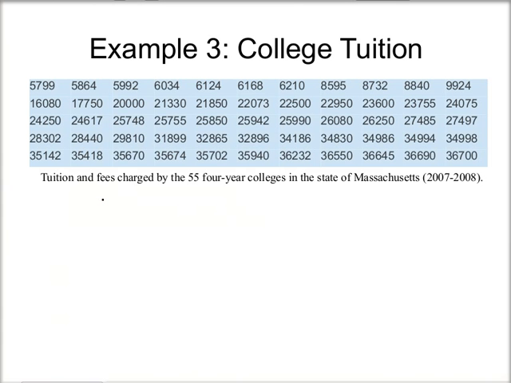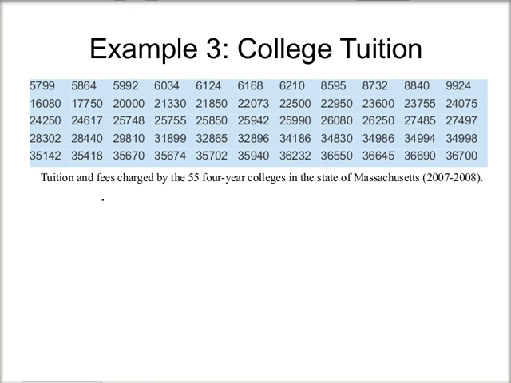Finally, let's go through one more example. So this chart shows tuition and fees charged by the 55 four-year colleges in the state of Massachusetts for the 2007-2008 academic year. And we're going to make a histogram for this chart and look at the properties. So first I'm going to make a grouped frequency distribution.